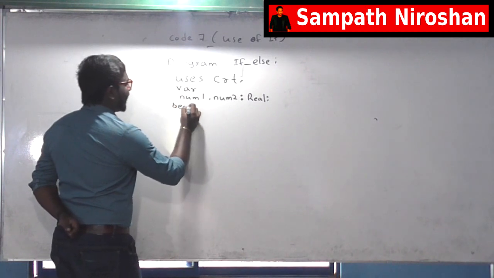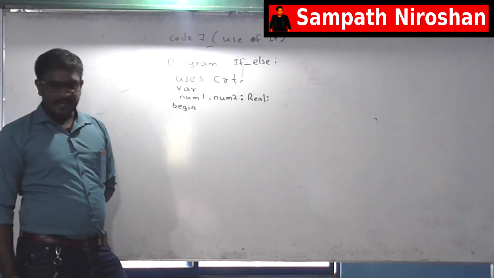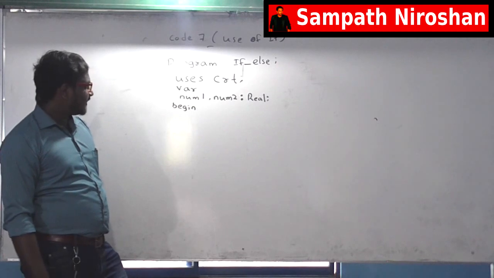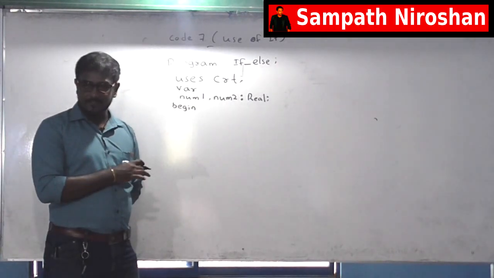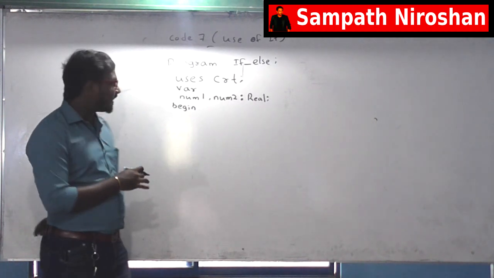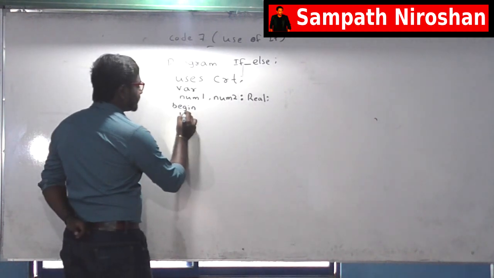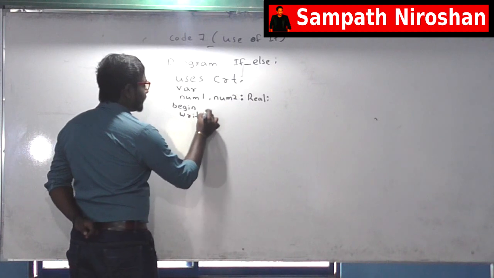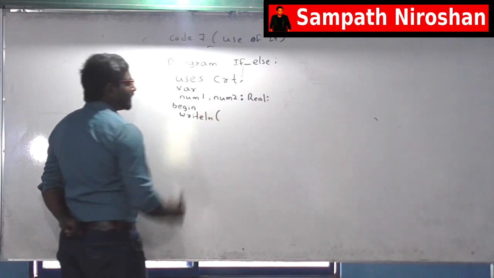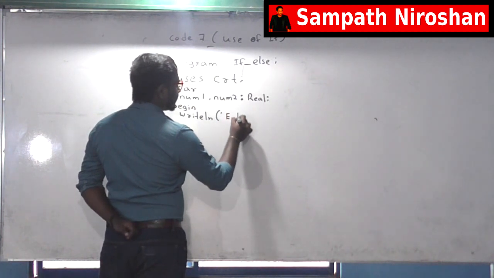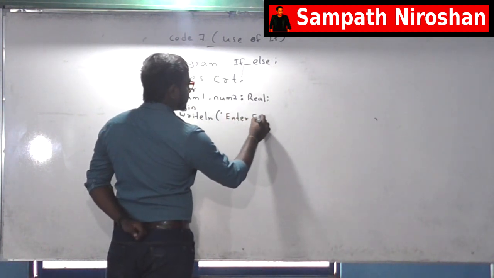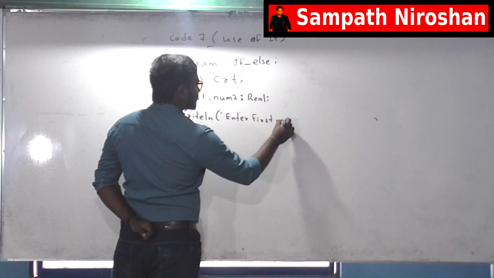So I'm saying begin, and right after begin I have to give it a prompt. I have to say to the user, go ahead, enter the first number. Yes, so I write writeln, and inside the quotes I'm saying Enter first number.